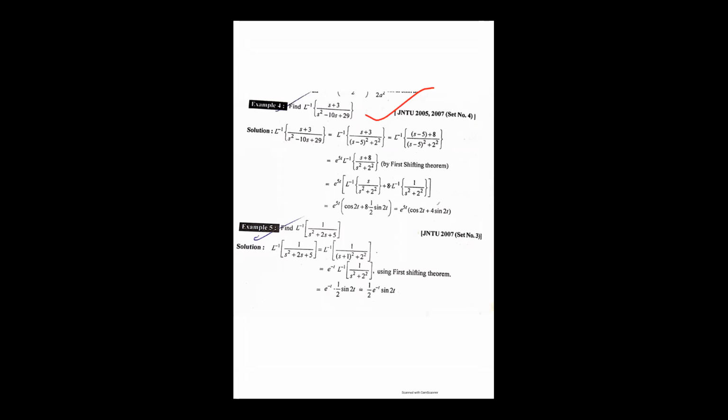First we have to write the denominator in a minus b whole square or a plus b whole square format. Taking the denominator value, s square minus 10s plus 29.